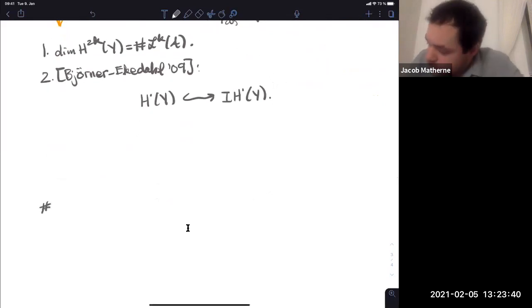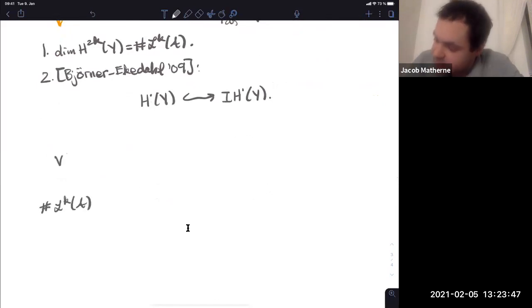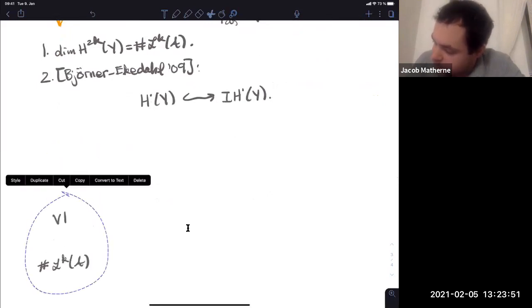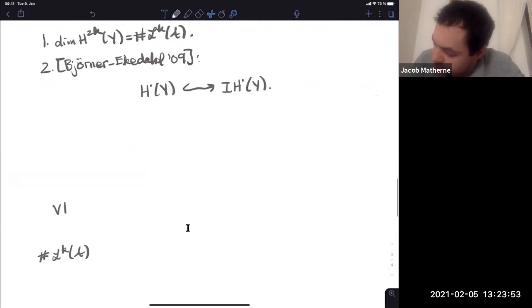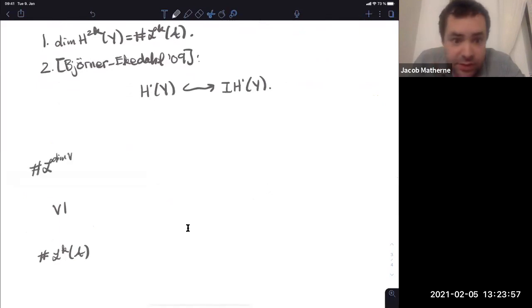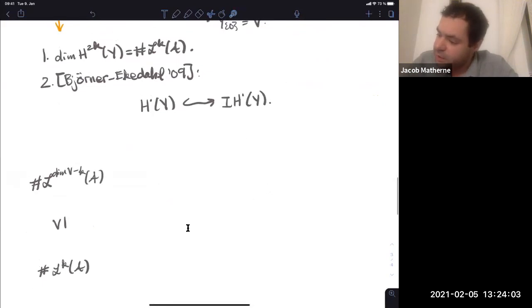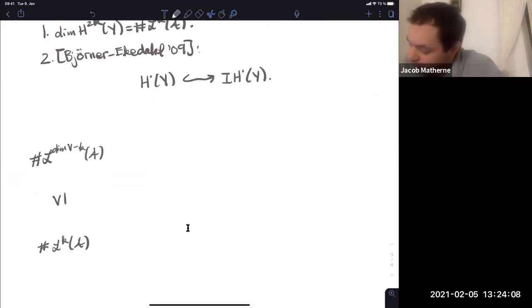I wanted to show that the number of flats of rank k is less than or equal to the number of flats of rank the dimension of the vector space minus k. But using the cell decomposition here, here's what would imply that.